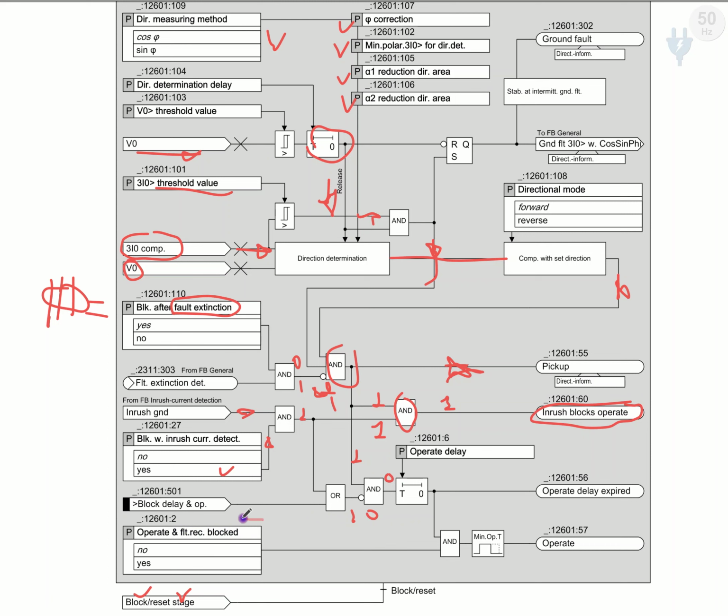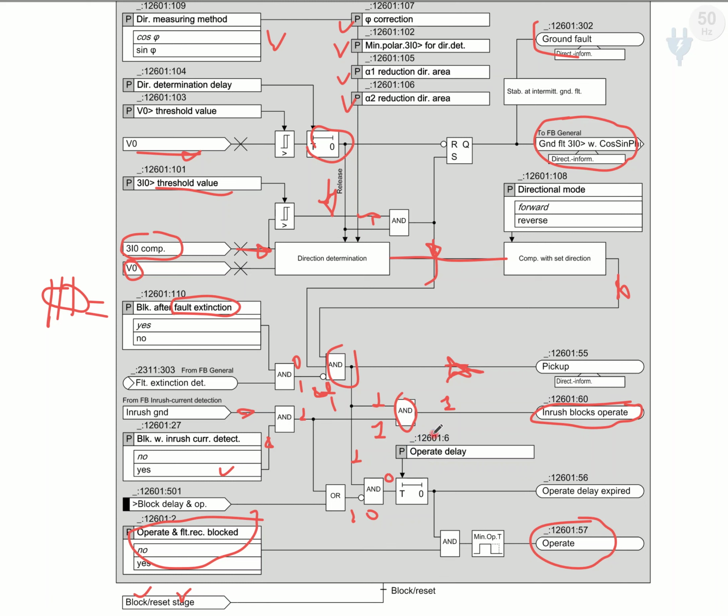But this block of operation blocks only the system from operating. The other operations are performed: the direction is determined, this signal goes to the ground fault detection, and the ground fault will be shown in the logs of the system, and the method is selected as the cos phi measuring or sine measuring method.